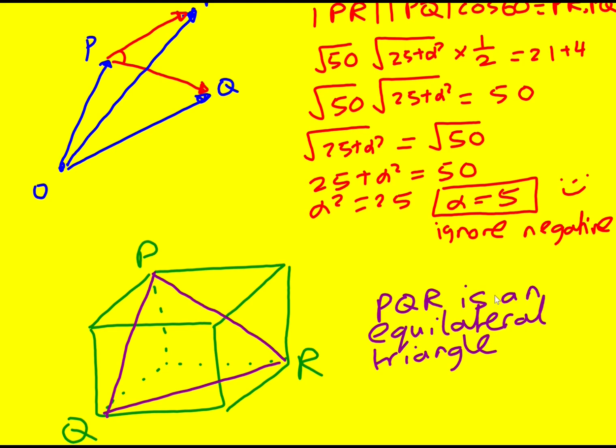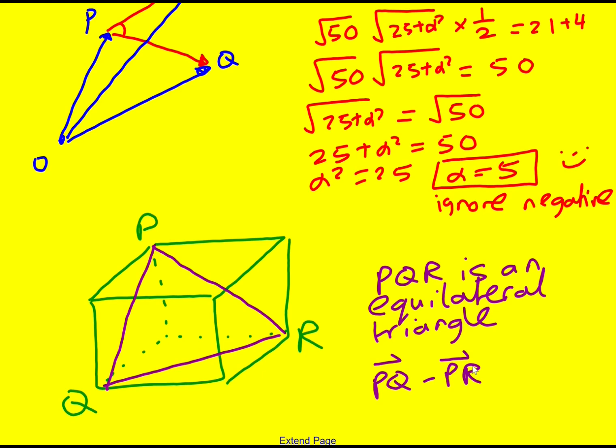So to be honest, when I did it, I didn't see that straight away. I decided to try and work out what RQ was. So I did PQ minus PR, which is the position vector Q minus P, minus R minus P, which becomes Q minus R, which is then RQ.